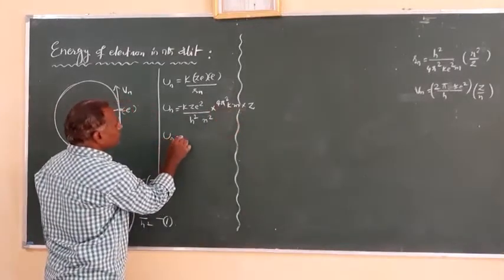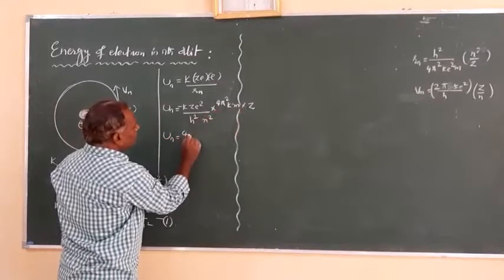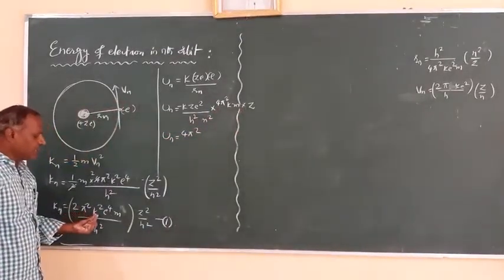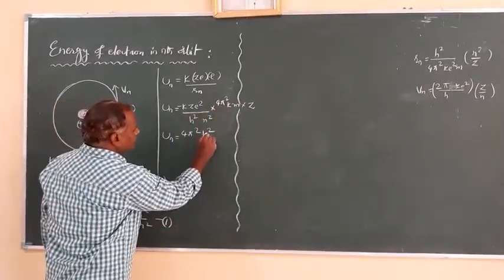So Un is equal to, here we have 4, so pi square, constant pi, next K, it will be written as K square, right?